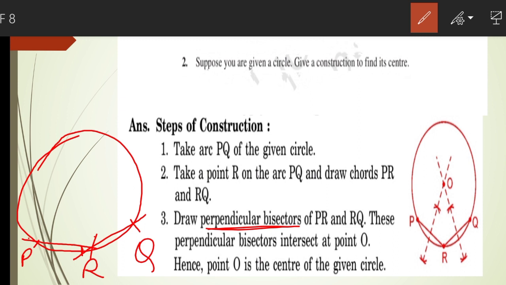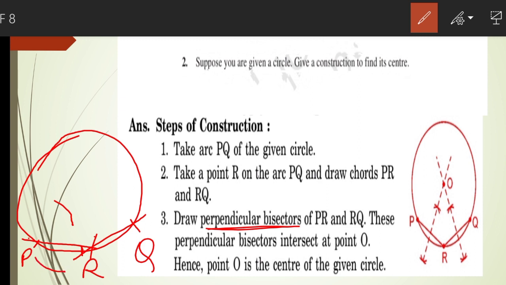This perpendicular bisector can be drawn with the help of a compass. We take the radius PR and reduce it a little bit. That means when the needle of the compass is at P, the pencil of the compass will not touch R. We reduce it a little and draw one arc above and one arc below.